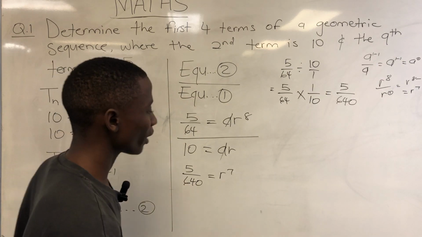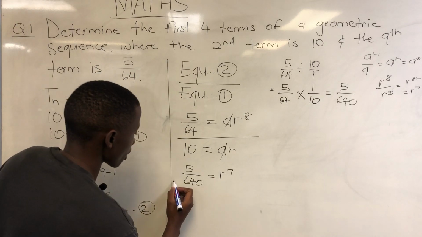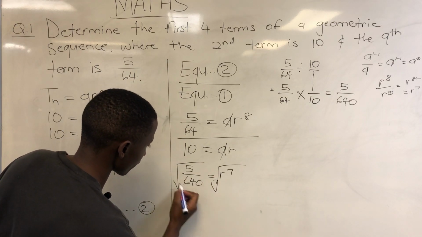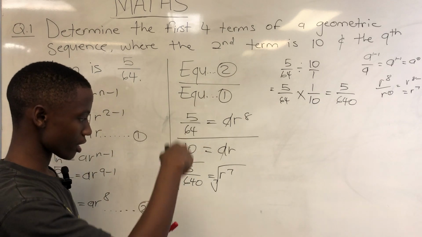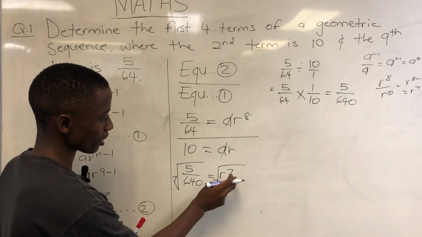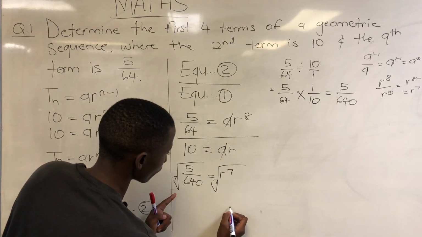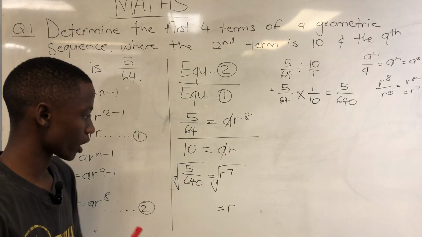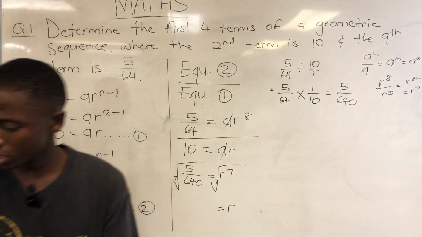Now we want the value of r. We're just going to put a seventh root there so that it can cancel the power of 7, because we want r. So we're left with r on this side. What about the other side? Just press on the calculator: the seventh root of 5 over 640.